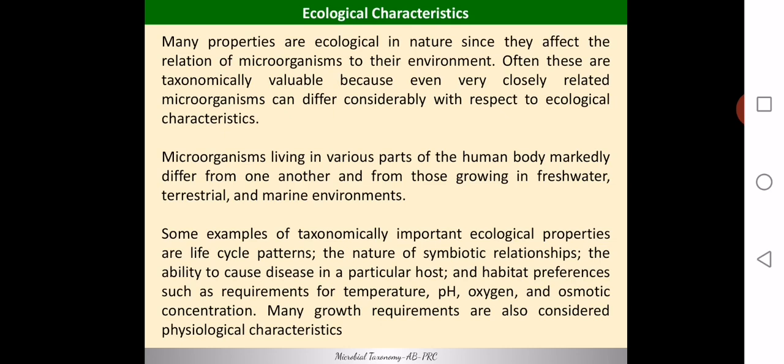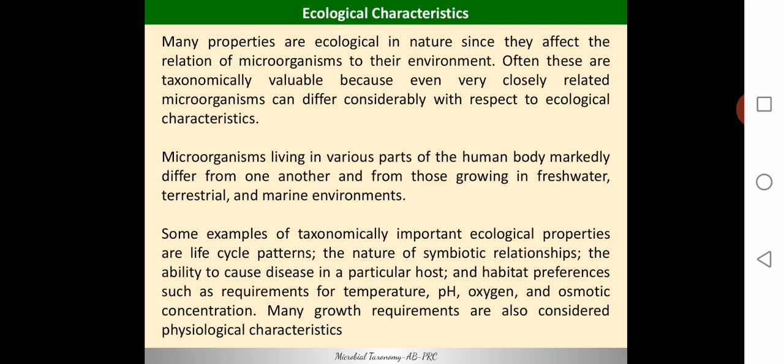Then the third one is ecological characteristics. There are many ecological features under study, because the environment where the organisms are surviving is important. Not all organisms are able to survive in all the habitats, right? So even very closely related organisms may differ considerably with respect to their ecological features.